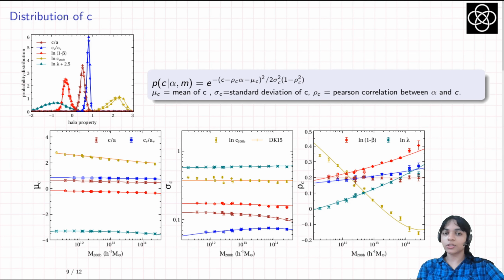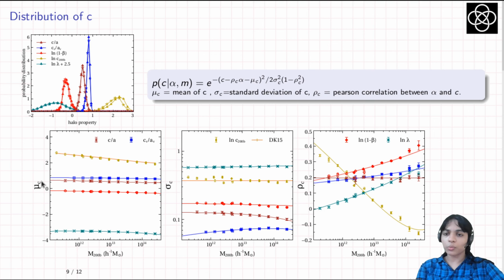Here is a closer look at what the form of the probability distribution of C, which we choose to work with, looks like. Each of the different colors represents one of the 5 different properties, and at fixed mass and tidal anisotropy, the properties follow a Gaussian distribution, or they can be made to follow a Gaussian distribution after a simple transformation.